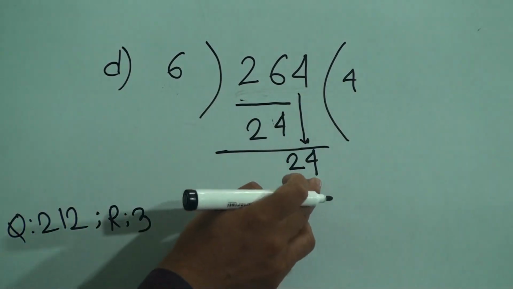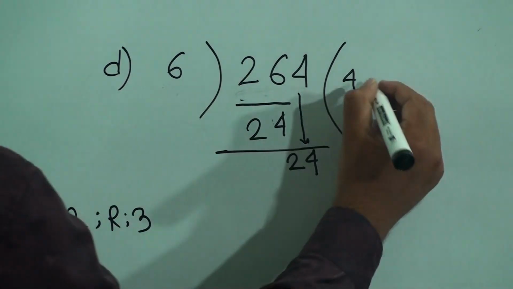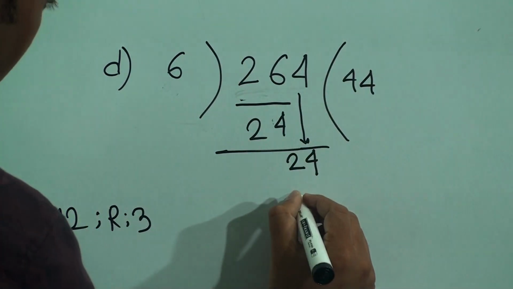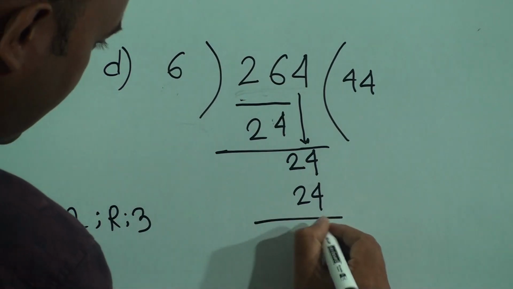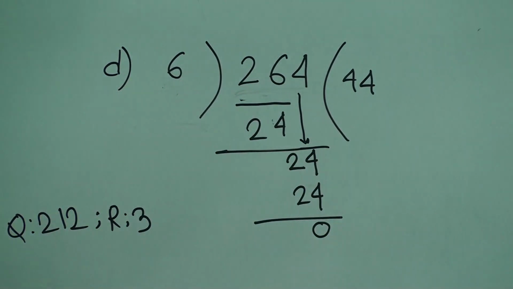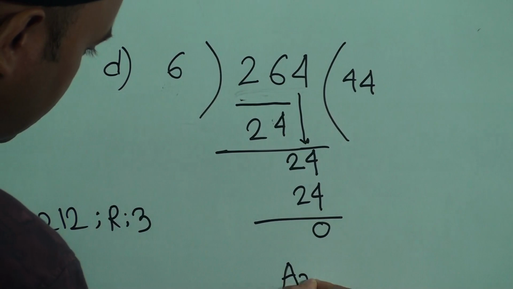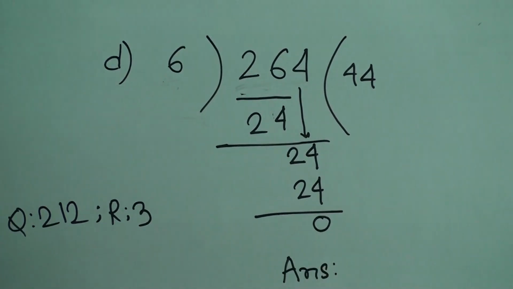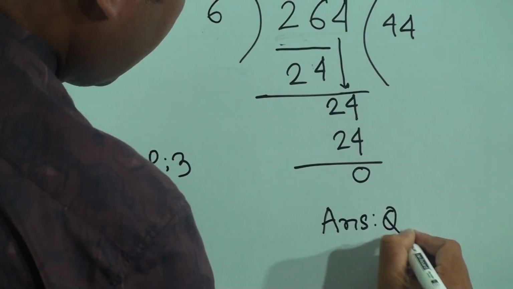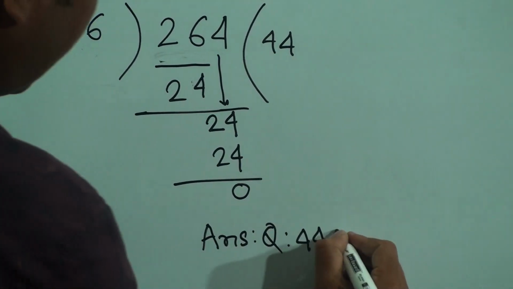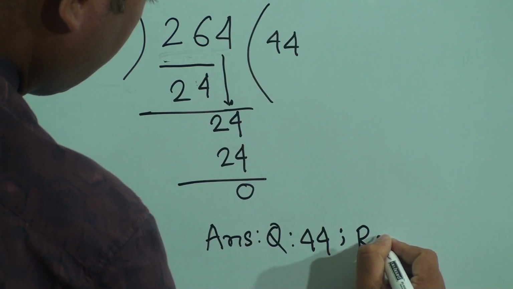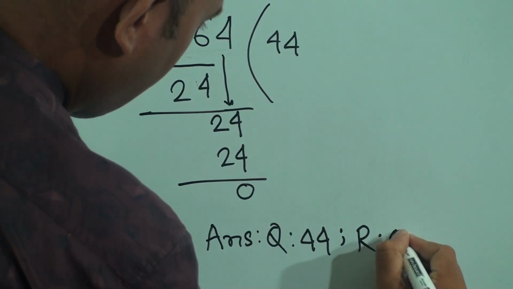Then how many times does 6 go into 24? We know that 6 fours are 24. Then subtract it, there is no remainder. So the answer is quotient 44 and our remainder is 0.